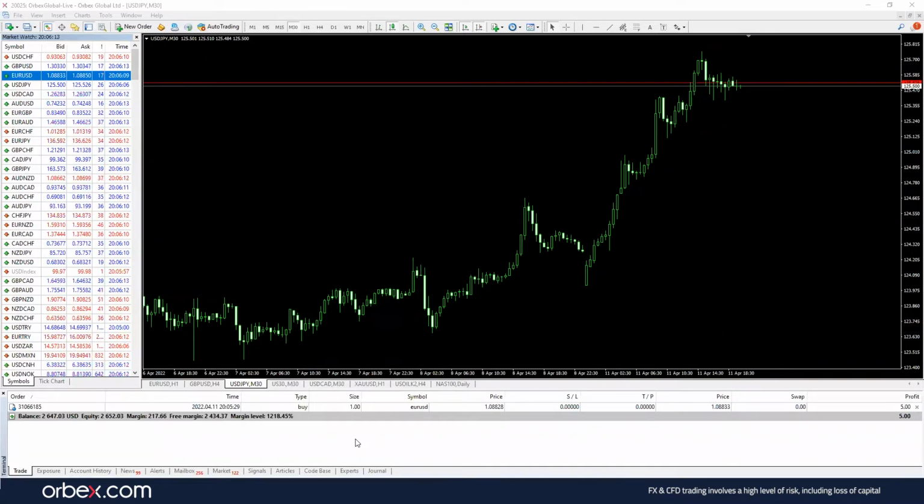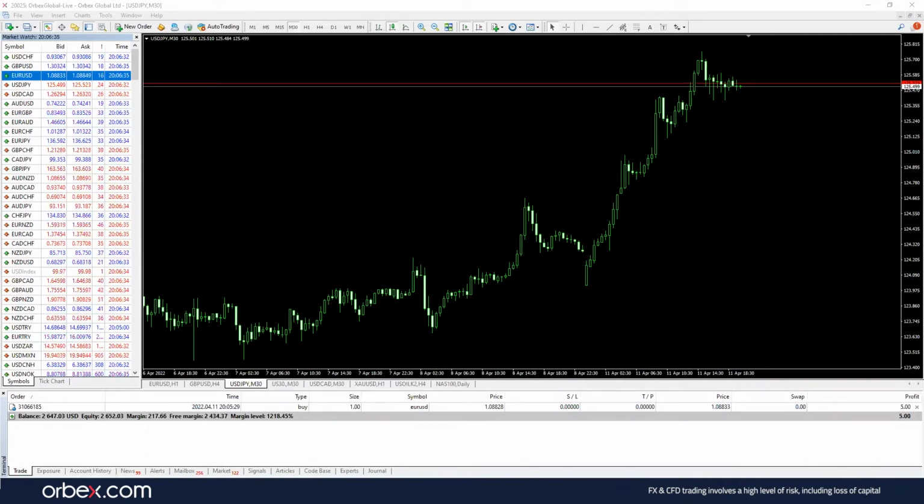So the calculation for your equity is basically just your balance, plus or minus whatever your P&L is. As you can see at the moment, I've got 2647 for the balance, and I'm plus $5, 2652. That's a $1 difference.